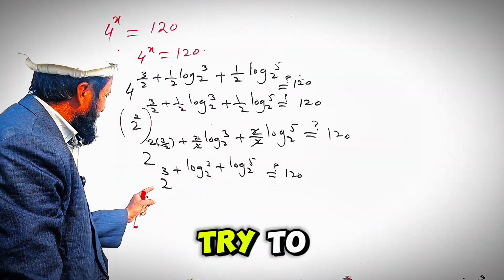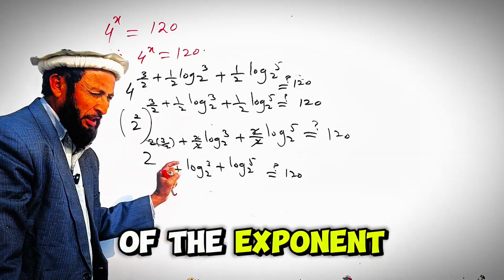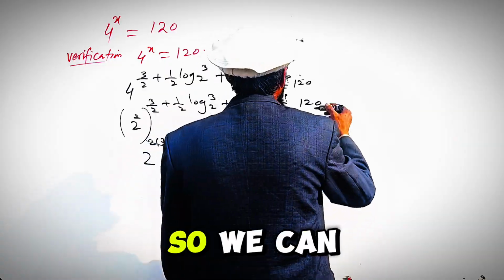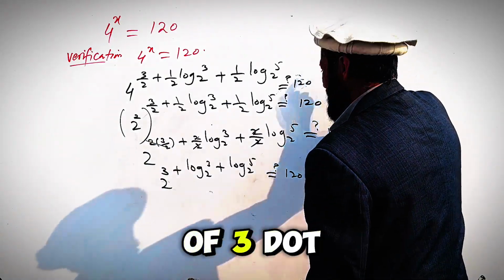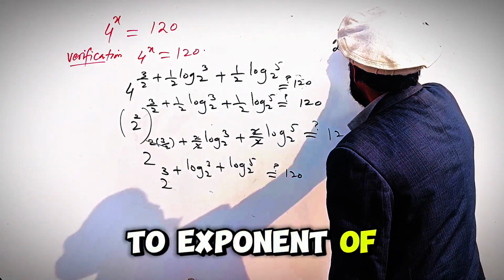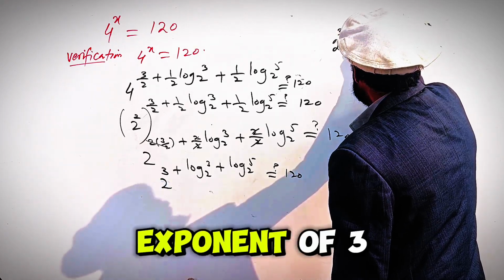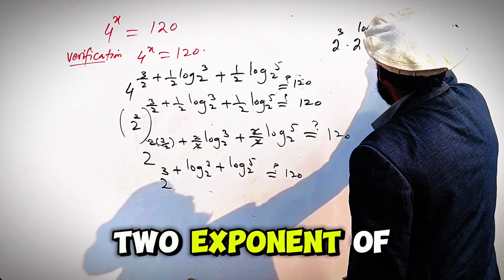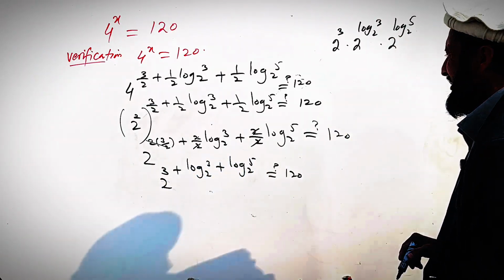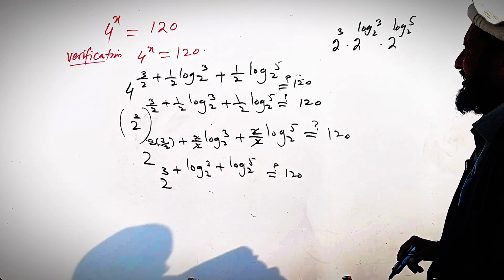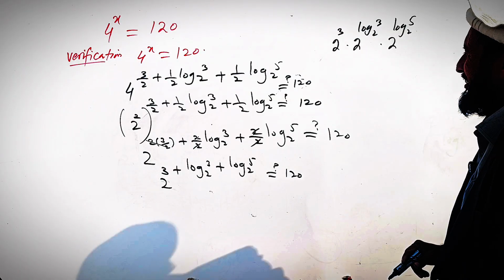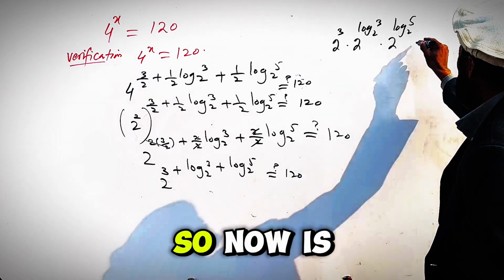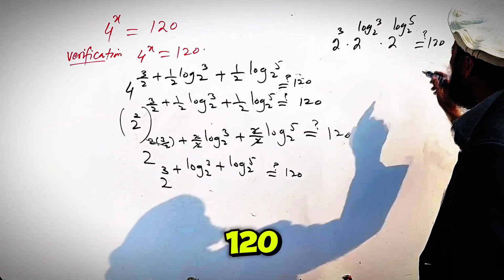Now we change all of the exponents into product form. So we can write 2 exponent of 3 dot 2 exponent of log of 2 exponent of 3 dot 2 exponent of log of 2 exponent of 5.